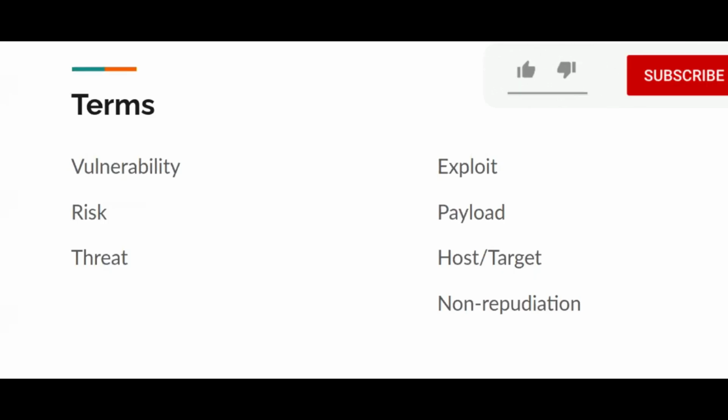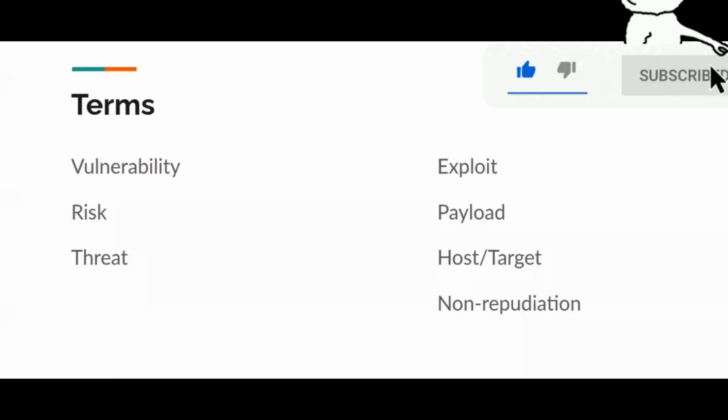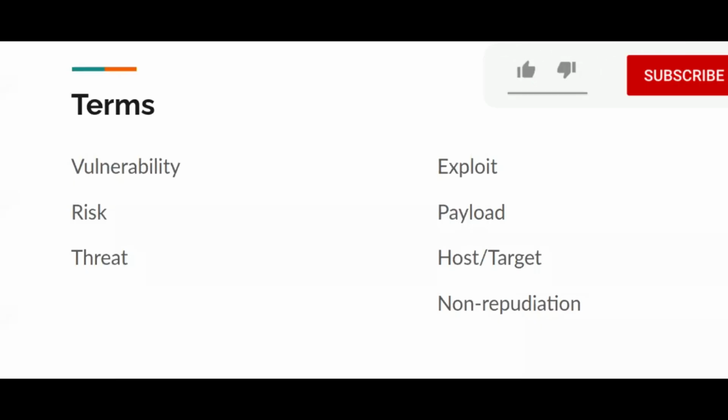Then you give them some kind of numbers, like what is the probability that this particular weakness can be maliciously used by a particular person, group, or hacker.